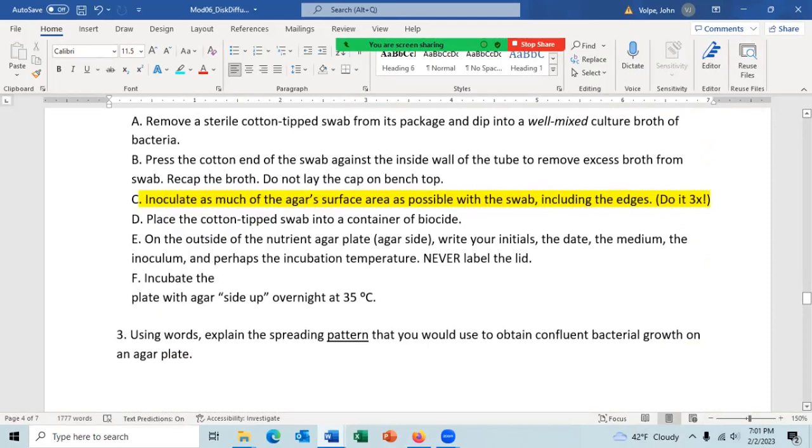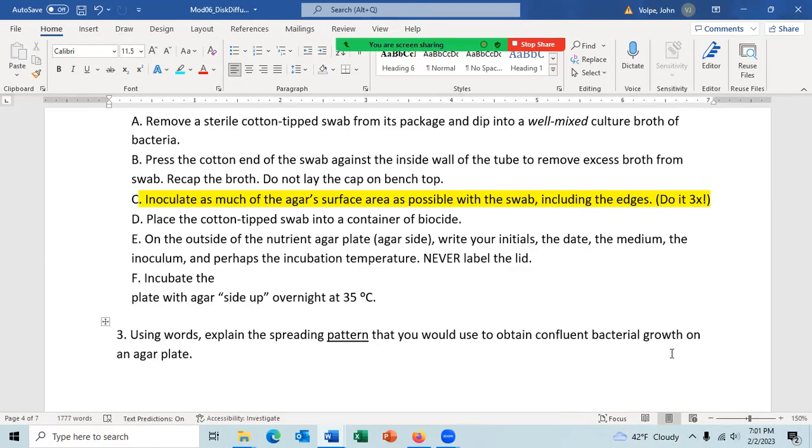You then put the cotton swab in the container having biocide, and label the plate on the bottom of the plate. Well, that tells you how to do the plate.